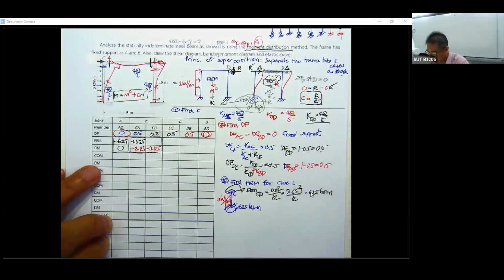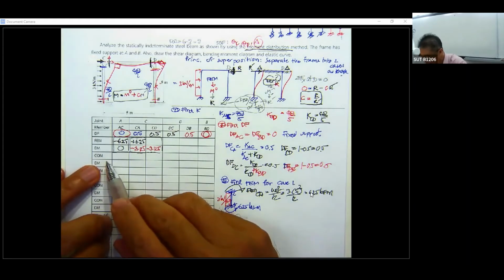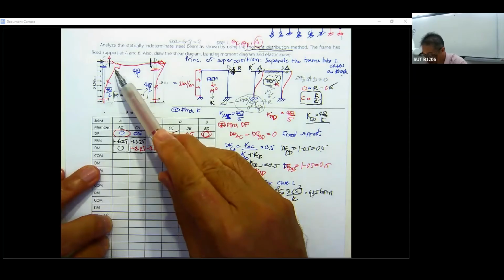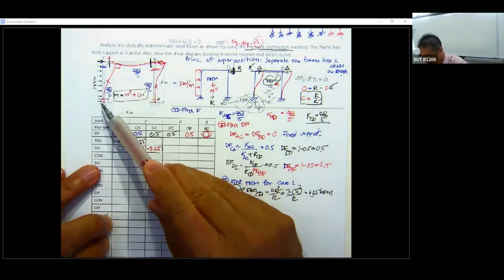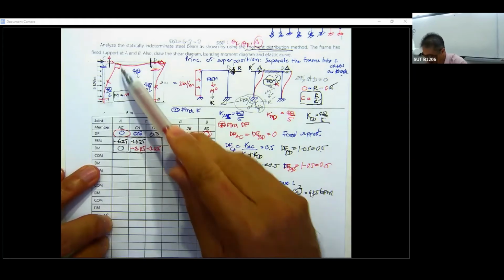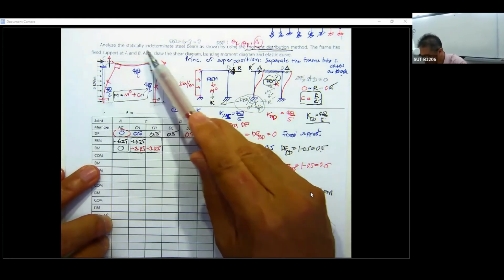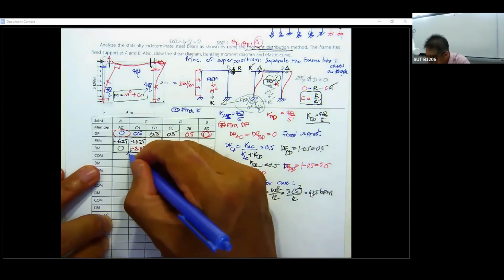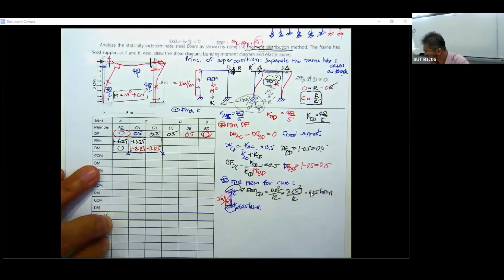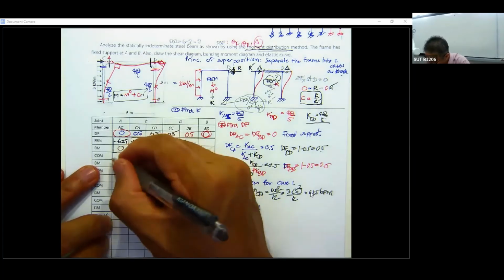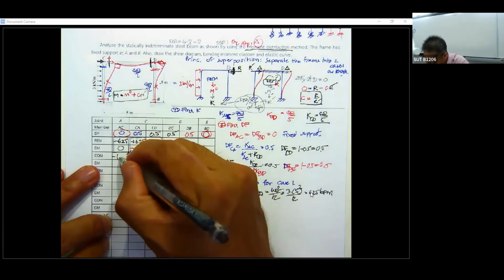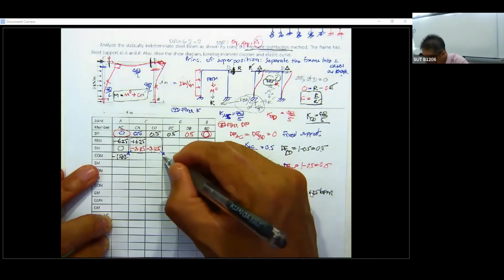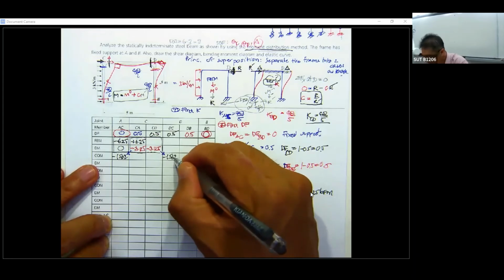And then you're going to do the carry over moment. The moment that occurs here, CA, is going to carry over to here, and the moment here, CD, is going to carry over here. So the carry over is going to be something like this, and the value is going to reduce by a half. That is going to be 1.562, and this is going to be minus 1.562.